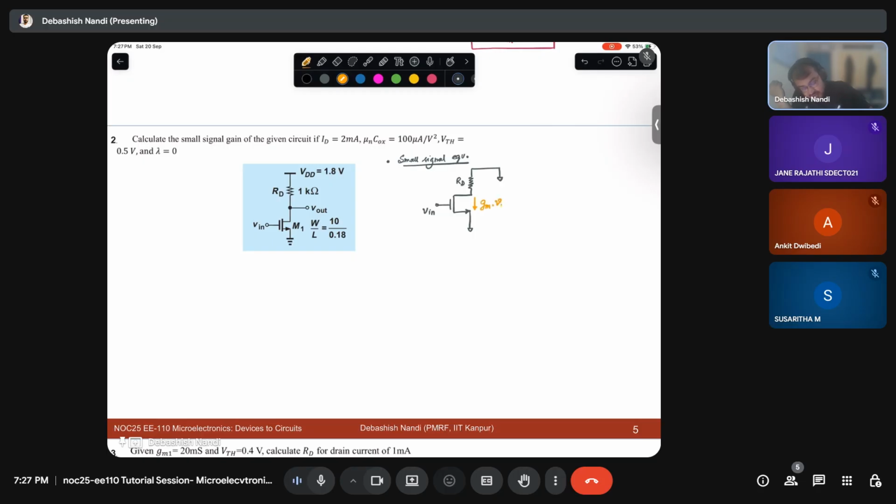GM times Vin, right? And the output I am tapping at this point. This GM times Vin has to flow through RD also, from ground towards Vout. So Vout I can directly write as the current times the resistance.